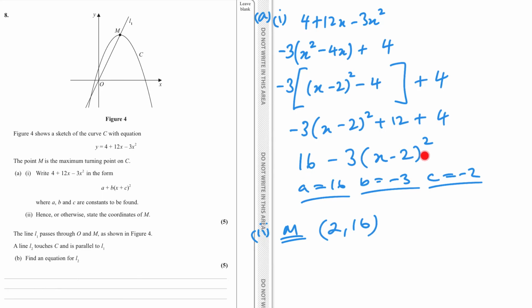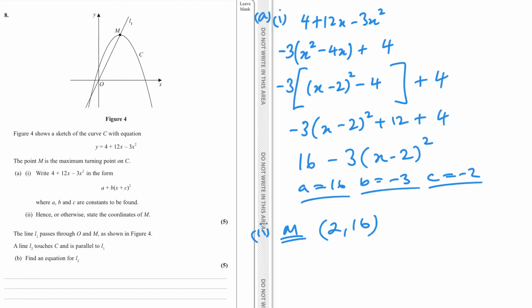Therefore we get 16 minus 0, which is going to be the largest value, 16 there. If x is anything else, like 1, 3, 5, whatever, this is going to be positive, times by negative will be negative, which still will be a number less than 16. So it won't be this maximum point M.